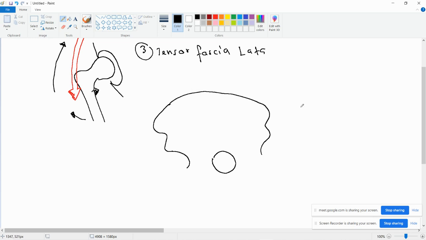It's a very simple diagram. Anterior and this is posterior. Anteriorly you have ASIS and AIIS, anterior inferior iliac spine, and above you have the iliac crest.